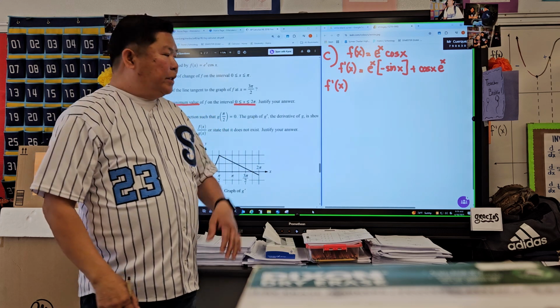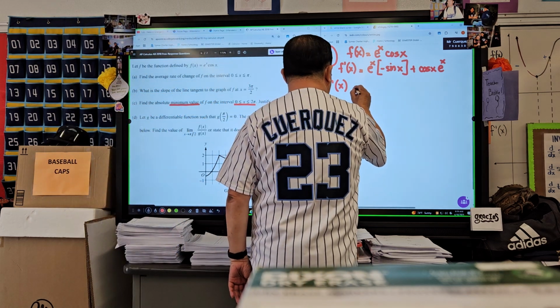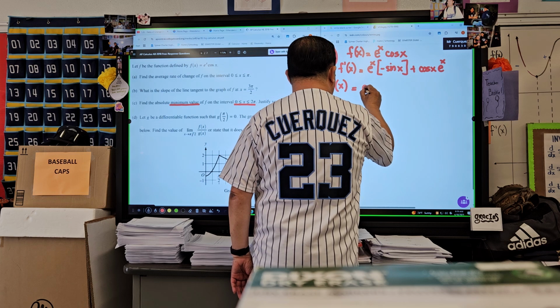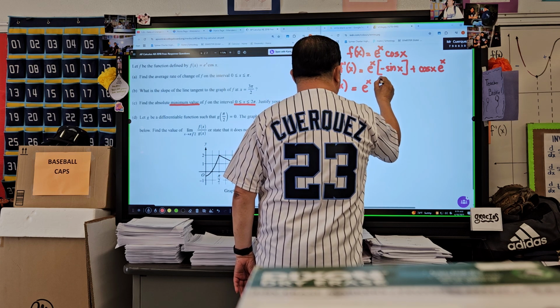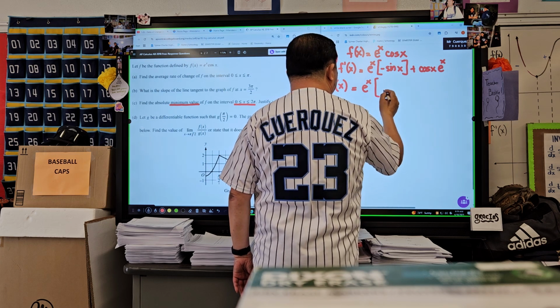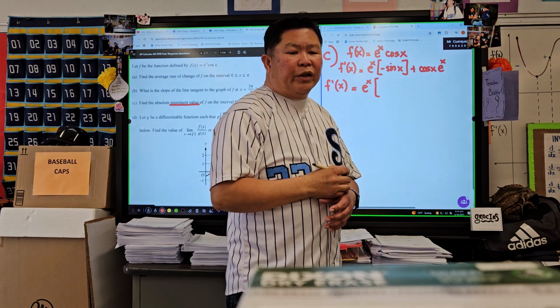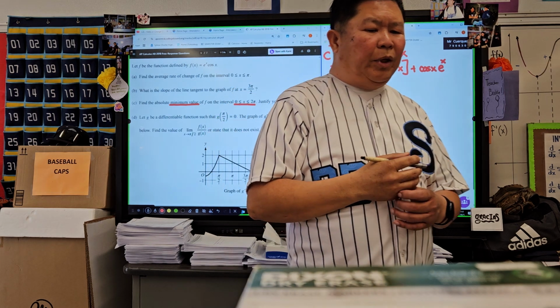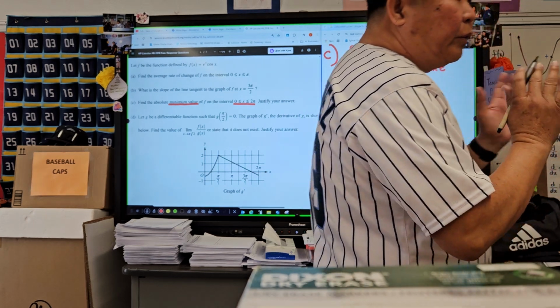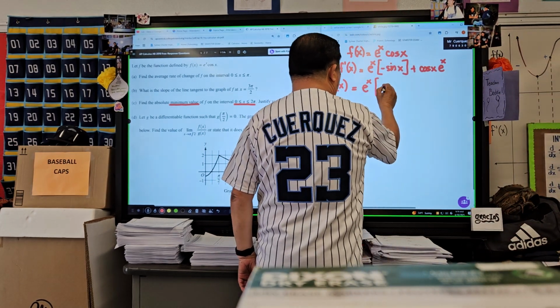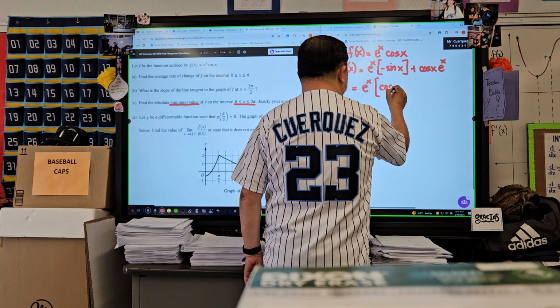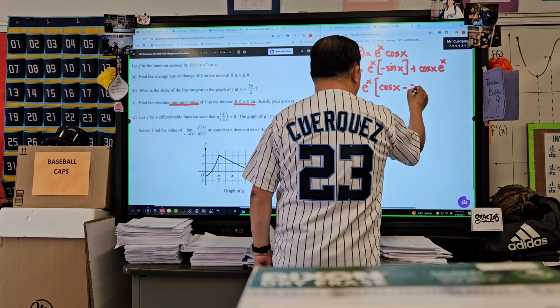Yes, so e to the power of x is common. We're going to factor out the common term. Can I just arrange first? I'll do cosine minus sine. So I'll write first cosine x minus sine x.